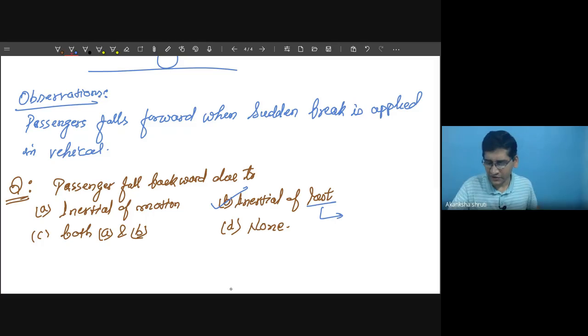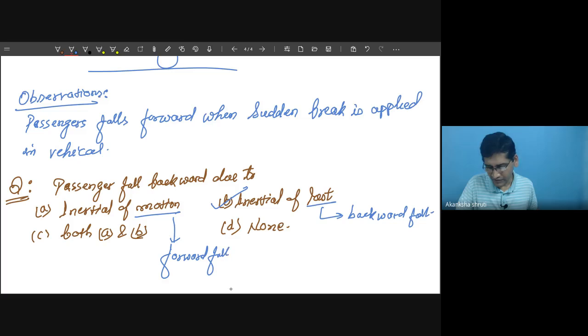So this is for the backward fall. For the motion, it gives the forward fall, meaning a fall in the direction of motion. Here it is a fall opposite to the motion started.